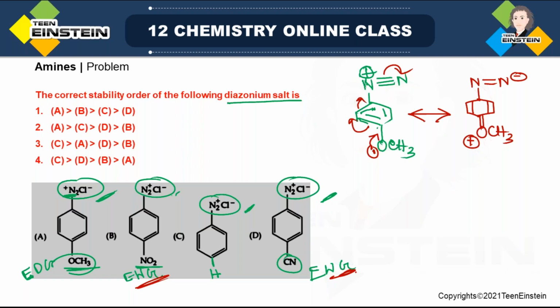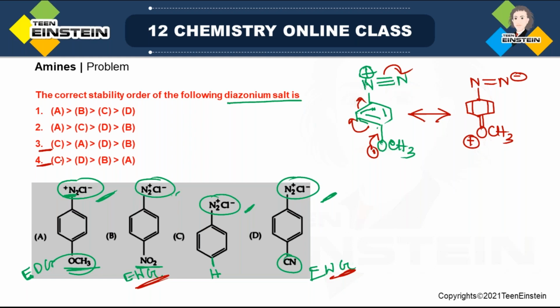If you consider simply this fact, you can easily remove these two options, because at the extreme highest position there is C, but C cannot be highest. It should be A. After A, in the first option there is B, C, D; in the second option there is C, D, B. So after A, is the next molecule B or C?